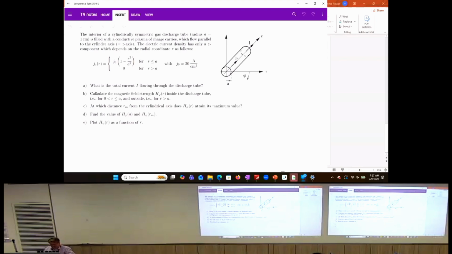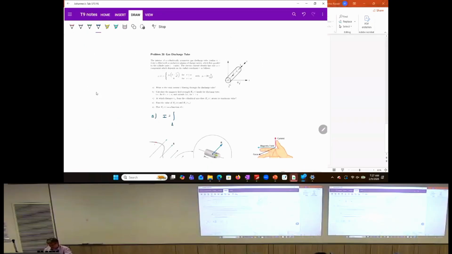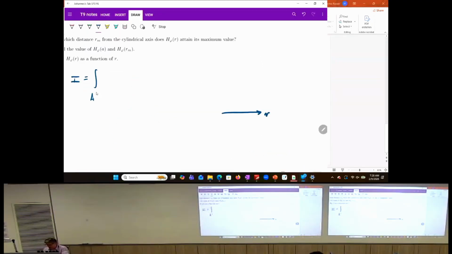So question, what is the total current flowing through the discharge tube? Well, we obtain that by integrating over a surface A. Let's depict that here. This is our z orientation. You have here a, where the discharge tube extends to. Of course, it is symmetric here.